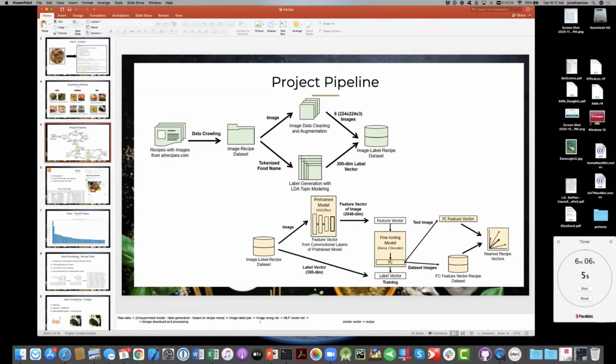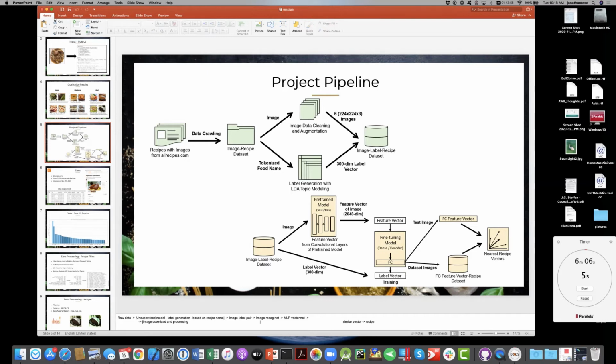Okay, so there are two pathways, one that deals with the image and one that deals with the word. And this is one of those ResNet things you were talking about. We got the label vector here, and the top one is the output from the ResNet CNN layers, excluding the FC layers. That's the feature vector.